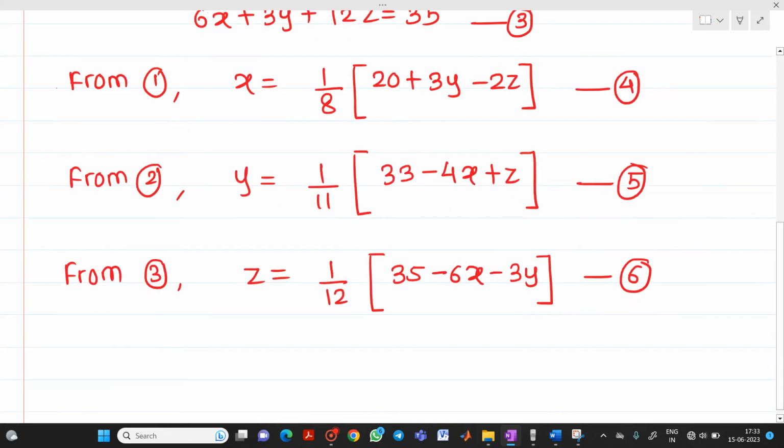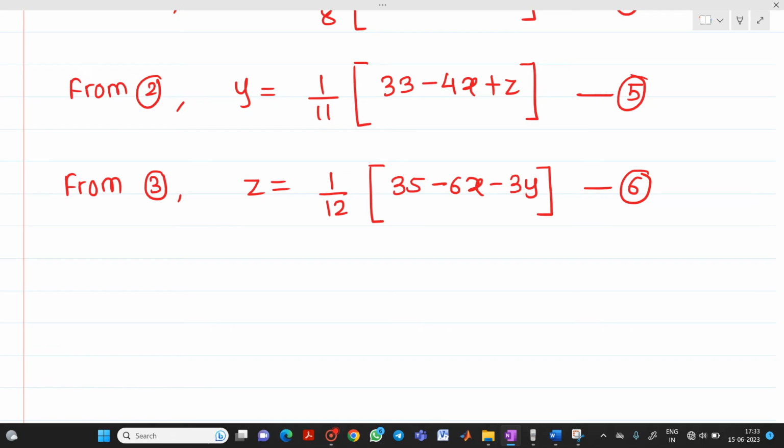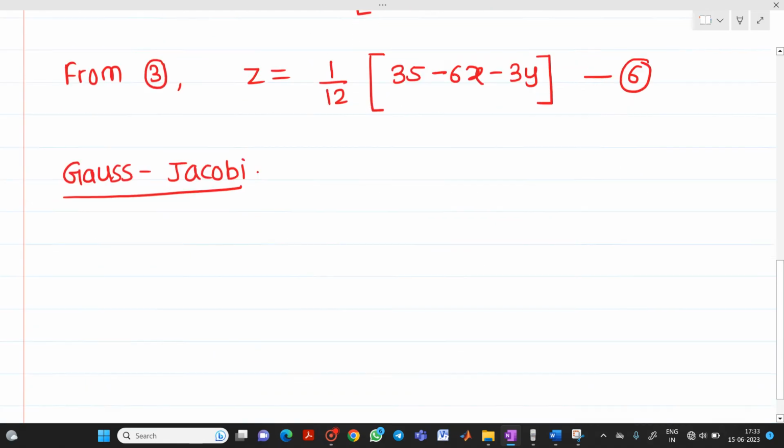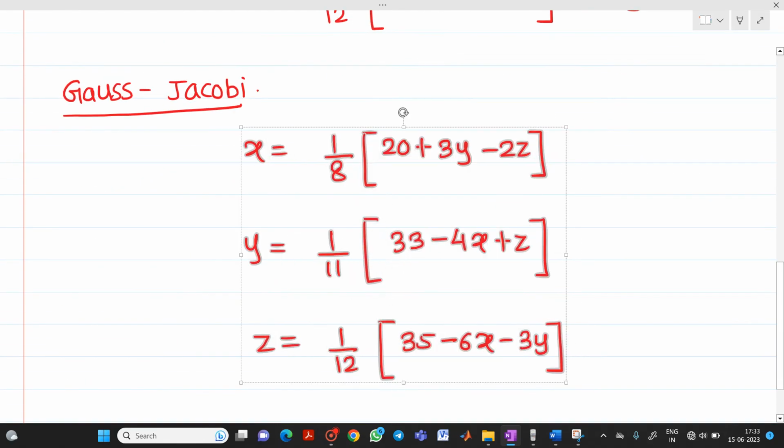Now as we have to solve our numerical by the Gauss Jacobi method, let me write here the formula for the Gauss Jacobi method. I am going to write these equations again, so I simply copy paste this. Now for iteration 1 we write the subscripts as 1, 1 and 1.